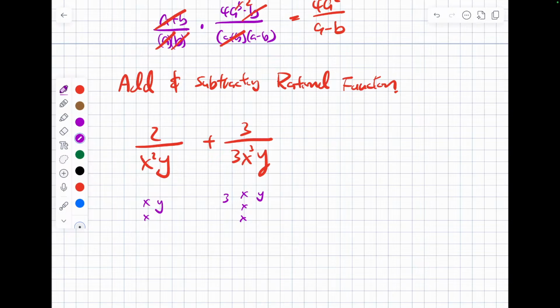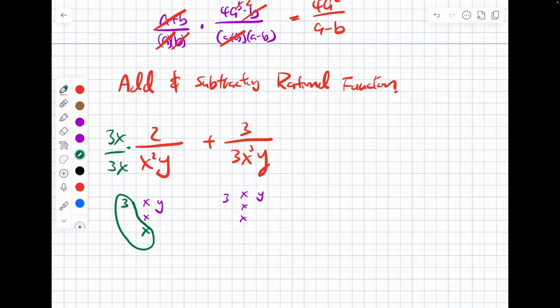Obviously, if I want to make those two fractions the same, I'm missing something on which side, left or right? Left side. What am I missing? 3x. So I'm going to color code this 3x. Is that okay? So now they both have 3x. I need to multiply this side by 3x over 3x.